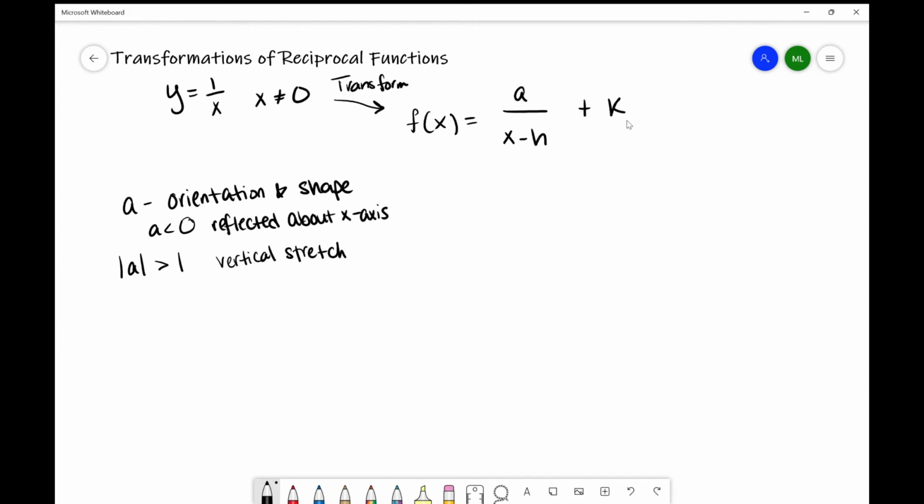Now we're looking at the absolute value of a because it matters, so it works for negative numbers and positive numbers. And if the absolute value of a is between 0 and 1, meaning we have a fraction like 0.05, 0.06, even negative 0.05, because it's the absolute value of a that we're looking at, then we have a vertical compression.